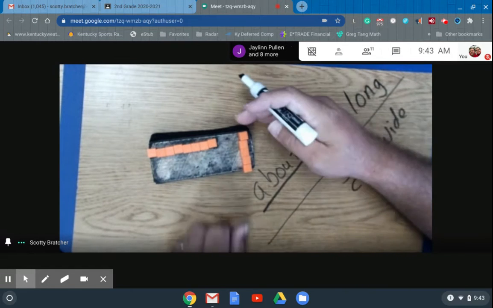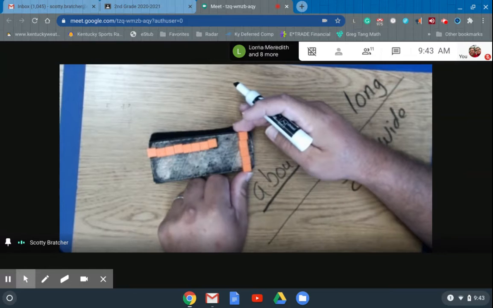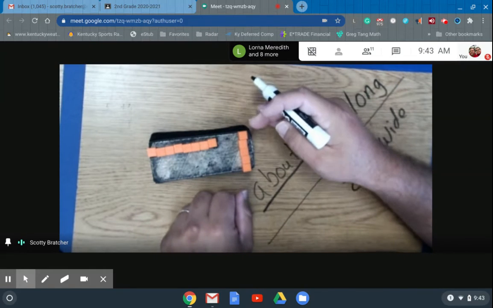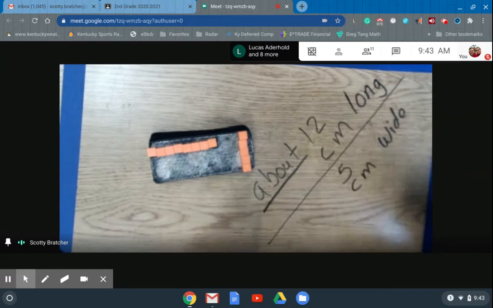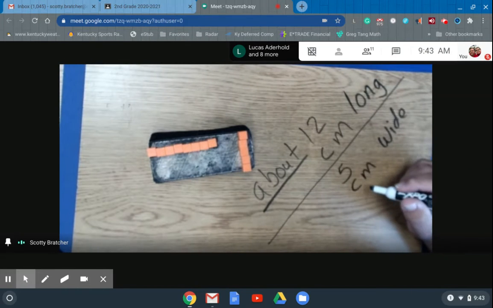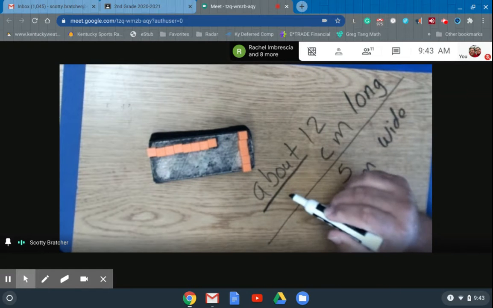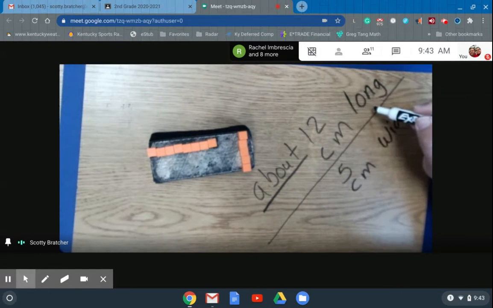I know for sure it's 5 centimeters. It doesn't go past it. It's not a little bit before it. So it is 5 centimeters wide. However, it was about 12 centimeters long. It was just a little bit longer than 12 centimeters, but not enough for me to say it was 13.